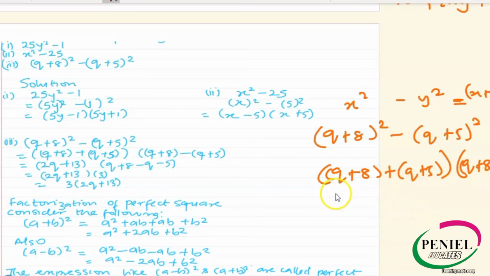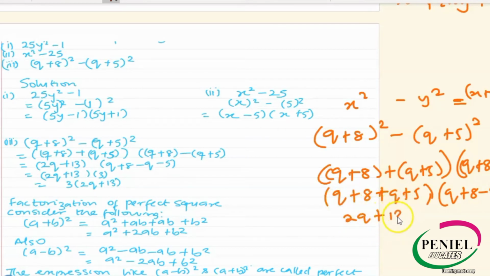So the first one is going to give me q + 8 + q + 5, and I'm going to have another one into (q + 8), and to multiply this minus out, it's going to give minus q minus 5. So I'm going to have 2q plus 13.